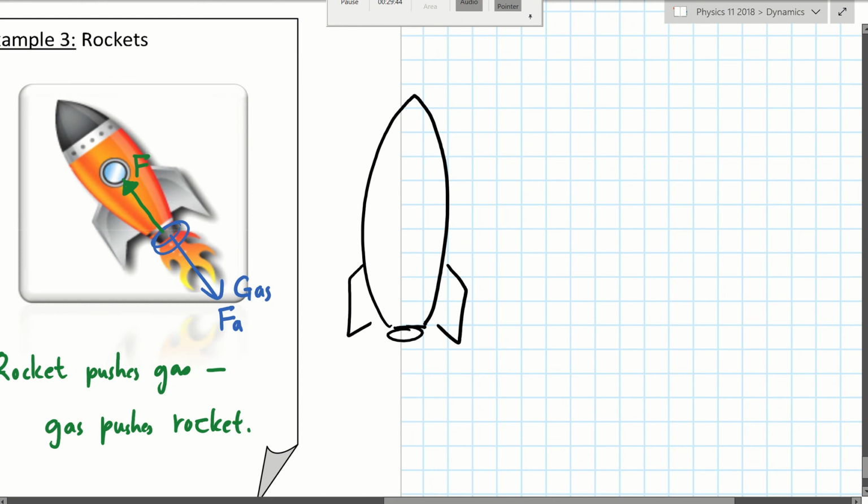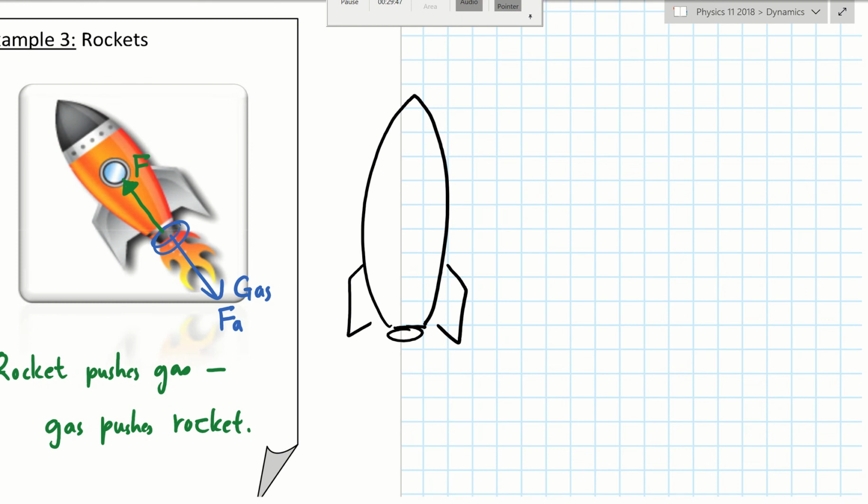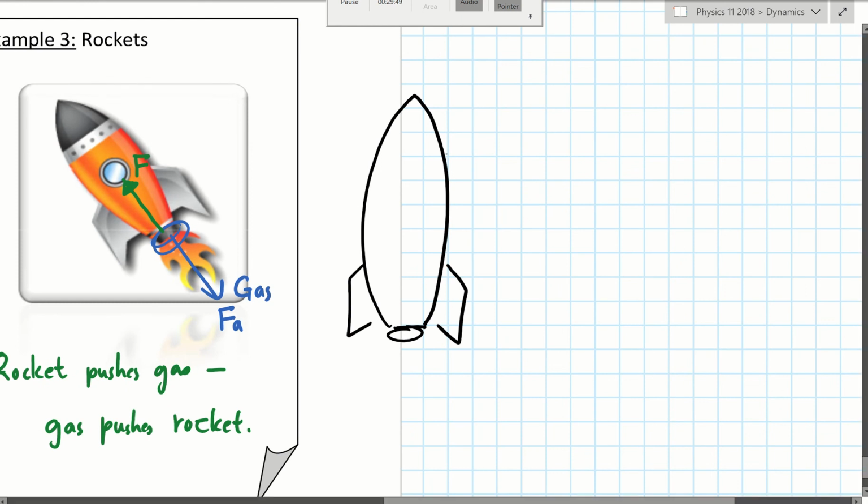Now let's say it has some little mini rockets in these locations so that it can shoot out gas. You know how a spaceship actually turns is by shooting out gas from various different parts of the spaceship.